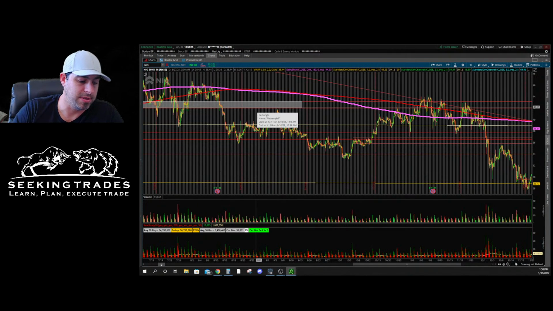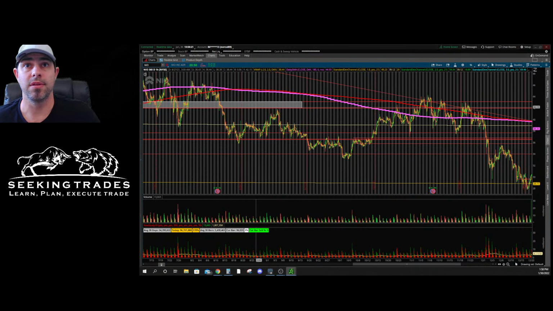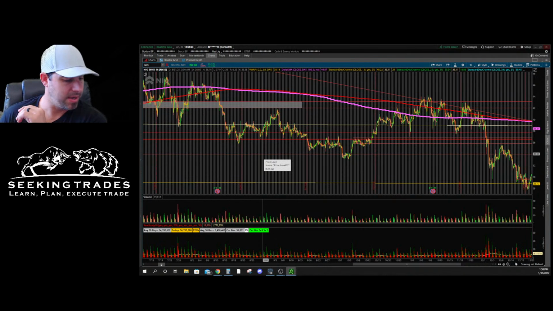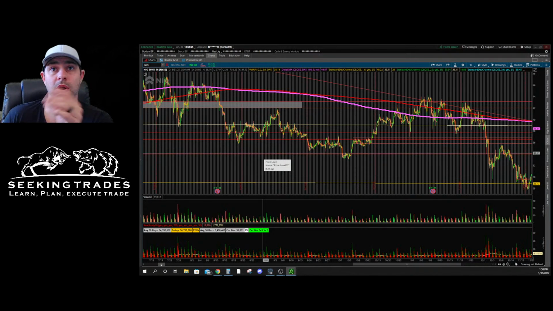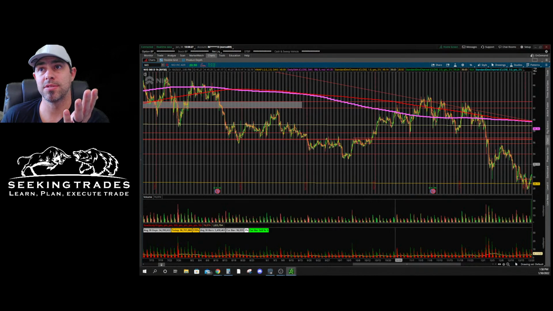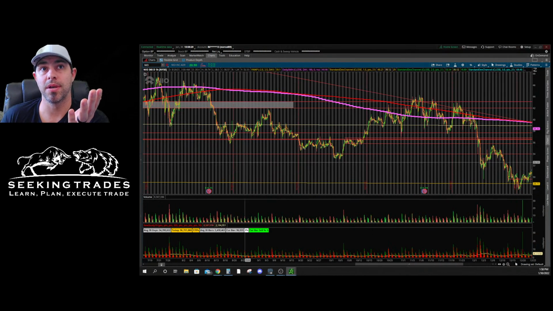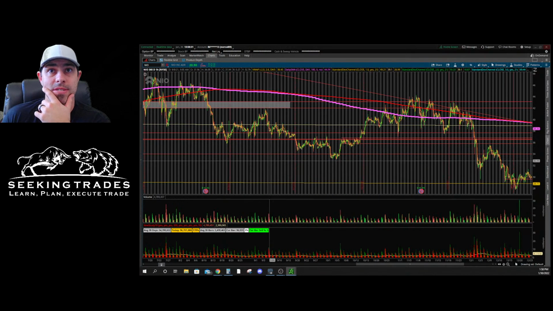So at demand zones, you want to find where did it last rally? It's always like a last rally spot in these areas. So this thing coming back down, if you look here, it came back down and then traded sideways and then it rallied.